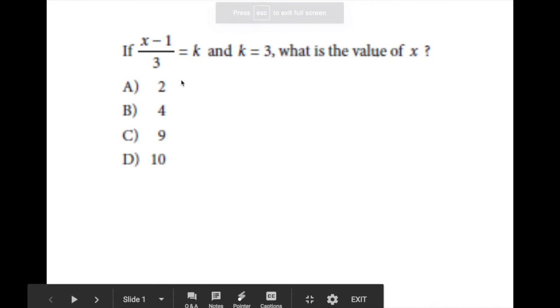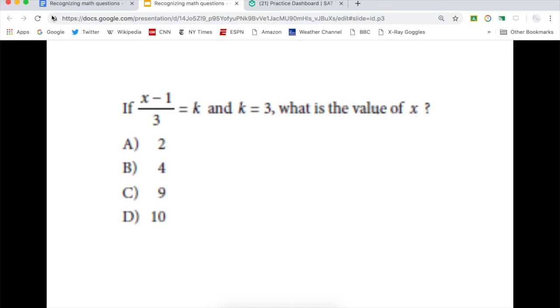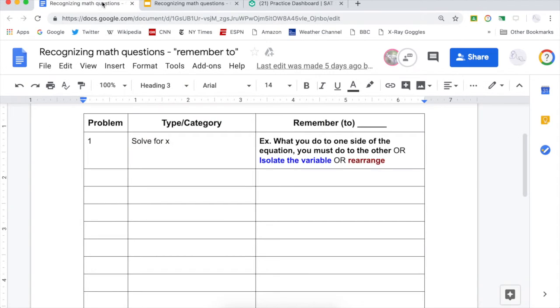Now there's lots of other names you could give this, and certainly Solve for X isn't the name that they would give it in Khan Academy. It's okay to use any vocabulary you want. What's important is the recognition and the idea that you have a strategy that goes along with it. So, in this chart, you'll label the problem number.